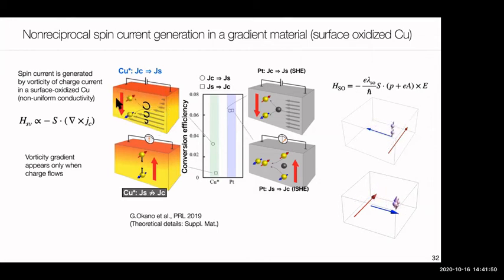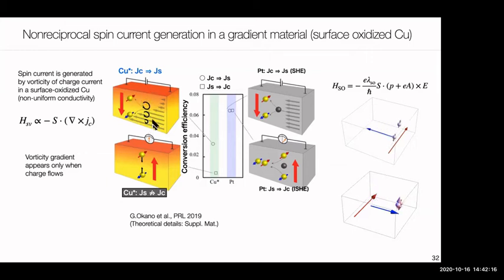In this gradient material, we have a non-uniform electric conductivity, which means if you apply the electric field in this way, then we can generate a non-uniform charge current as shown here. In this situation, we have the vorticity gradient in this direction.